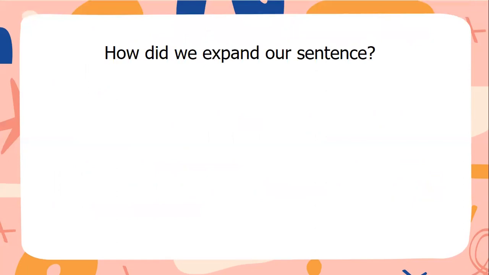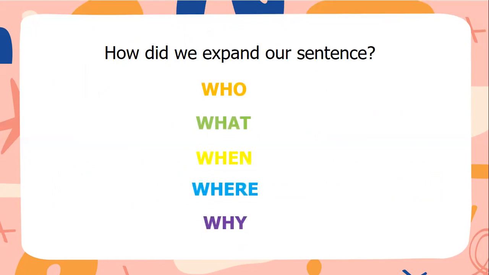How did we expand our sentence? All we did to expand our sentence was add the five W's: the who, what, when, where, and why. So let's compare our sentences.